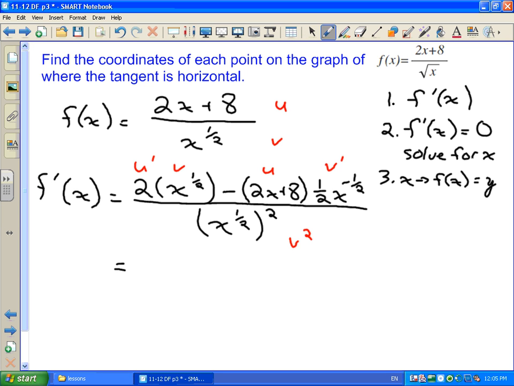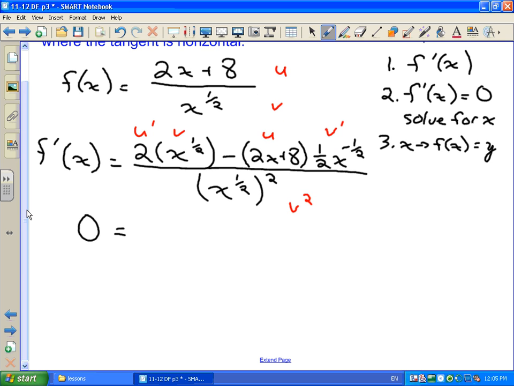Okay, so we want to set this equal to 0. So let's set it equal to 0, and let's start simplifying this whole thing here. We'll have 2x to the 1/2, and we'll have minus 2 times 1/2 just gives us 1.